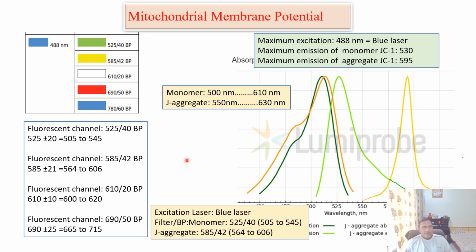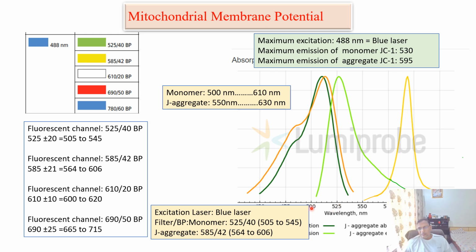So for example, this is the wavelength spectrum of monomer and aggregate. This is the excitation, and you can see the excitation wavelength of monomer JC1 and aggregate JC1 is almost the same, but the emission wavelength is different.